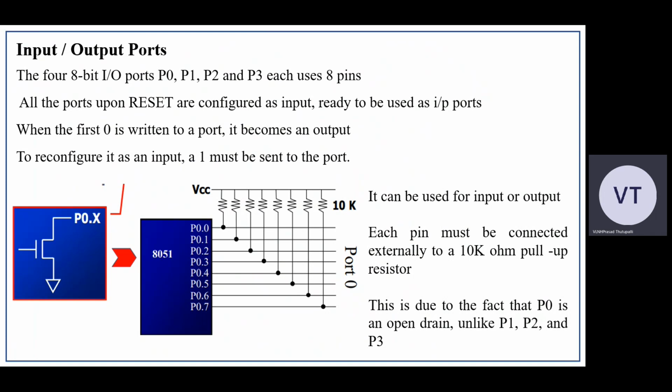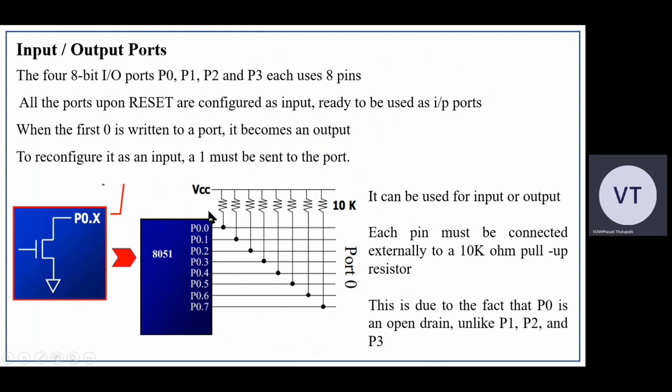Okay, if you want to convert this particular port as input port, you have to put one on each and every bit. So P0.0 should be made high, P0.1 should be made high, P0.2, similarly 3, 4 and 5 and 6 and 7.